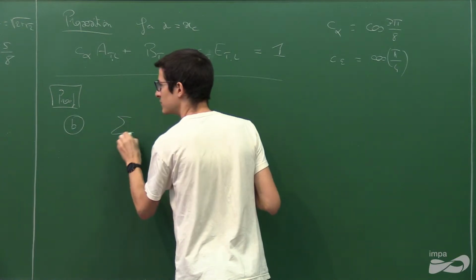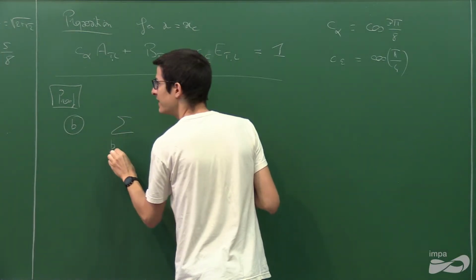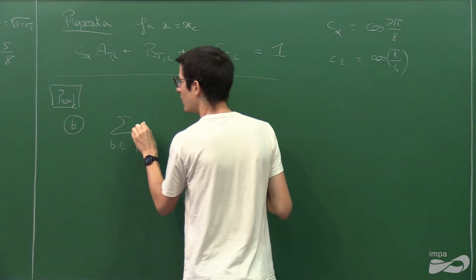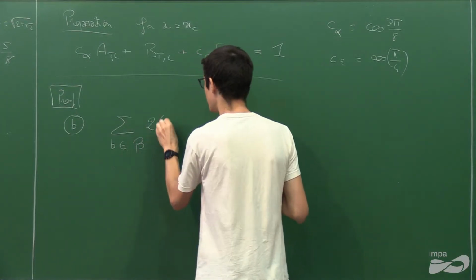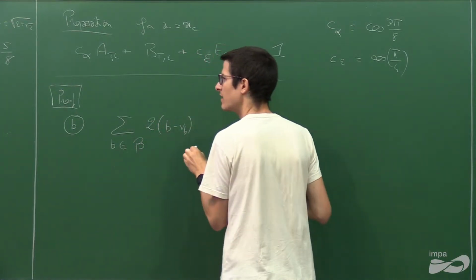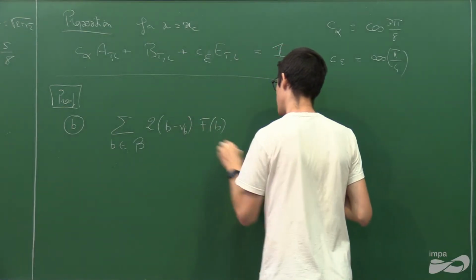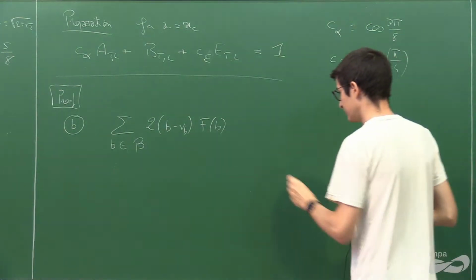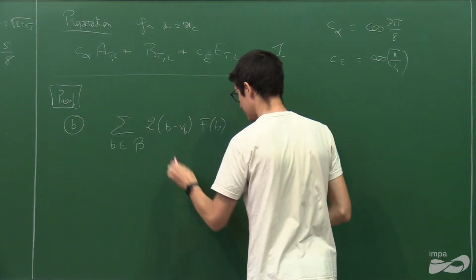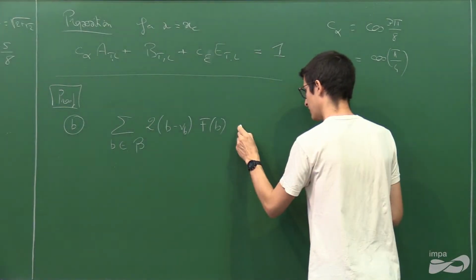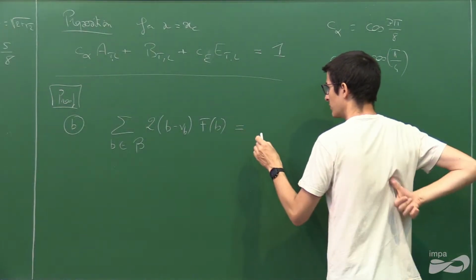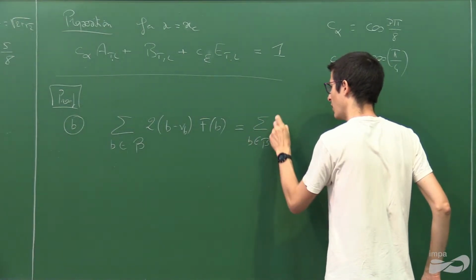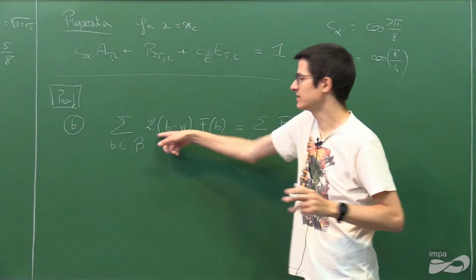We are looking at the sum over B in beta of 2 B minus VB times F of B. So this is equal to the sum over B in beta of F of B, because this is equal to 1.